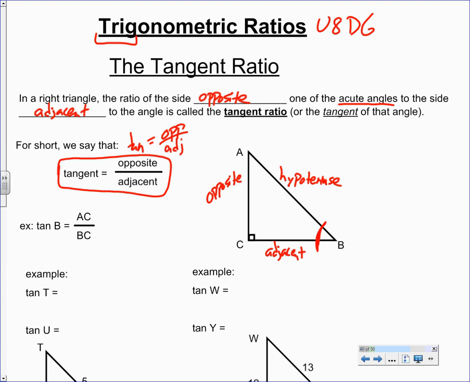Just breaking this definition down a little bit further, remember that ratio is a word we talked about in Unit 1. Ratio is just another word for a fraction. So we're creating a fraction. The opposite side goes on top, the adjacent side goes on the bottom. Tangent ratio is opposite over adjacent.